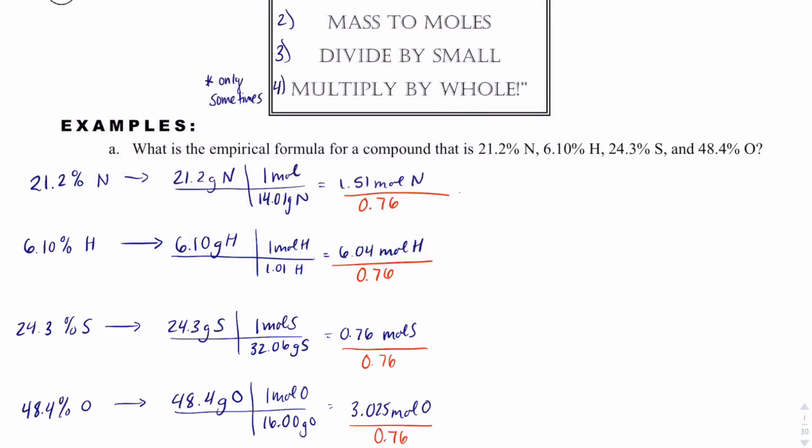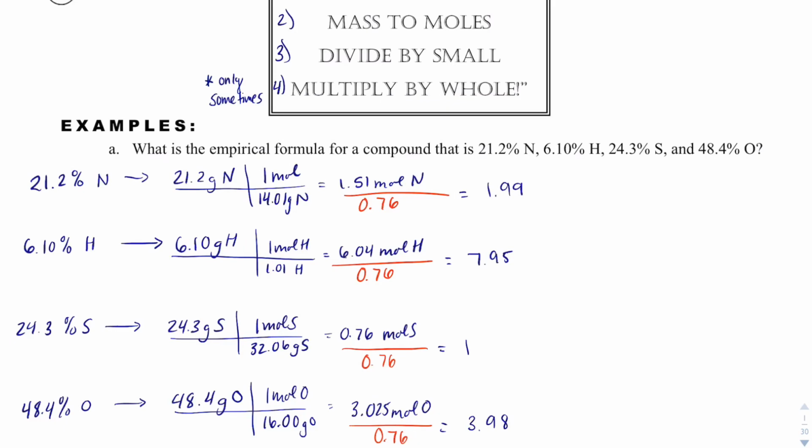And when I do that, I get 1.99. I get 7.95. I get 1. I get 3.98. And we're not going to need to multiply by whole for this specific problem.